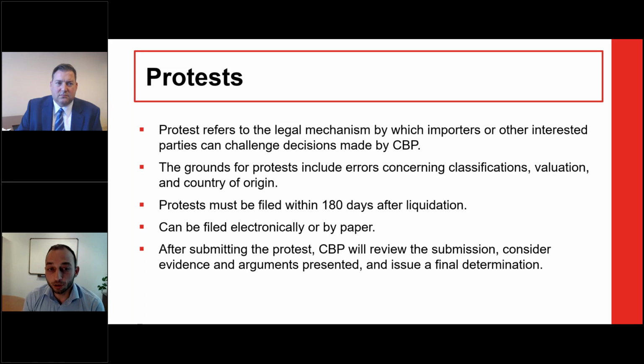The key issue is that in order to file the protest, the entry must be liquidated, and you can file it until 180 days after liquidation. It can be filed electronically or by paper, and once you submit the protest, CBP will review your submission and make a determination based on the evidence and the arguments you presented. Next slide, please.